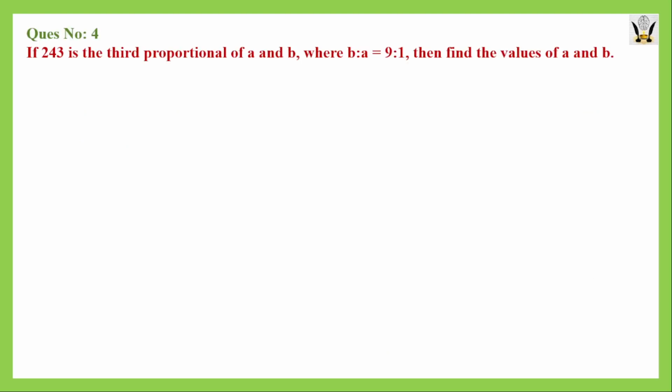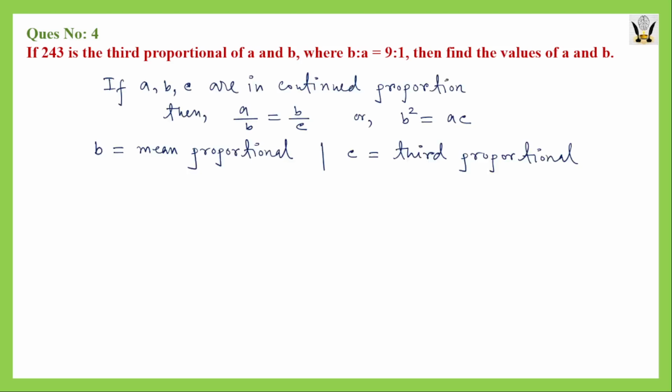Now the next one, it says that if 243 is the third proportional of A and B, where B is to A is 9 is to 1, then find the values of A and B. Now we know that if these three numbers A, B, C are in continued proportion, then A by B will be equal to B by C. And from this ratio, we can develop this relationship where B square is equal to AC.